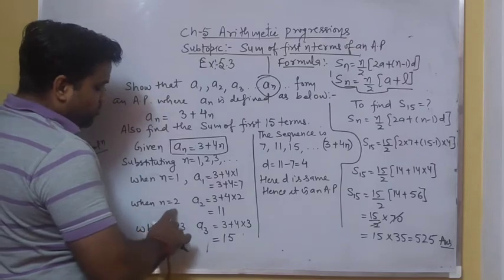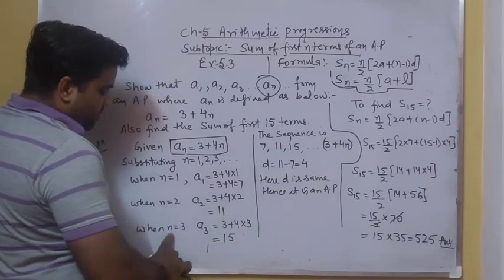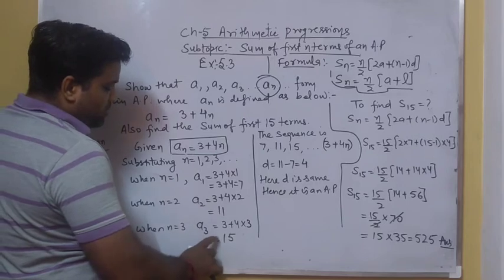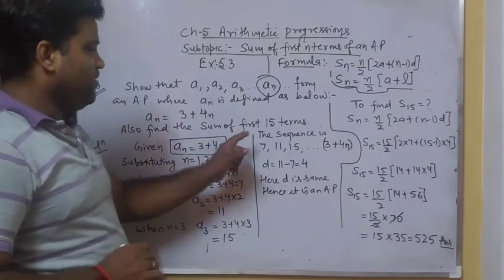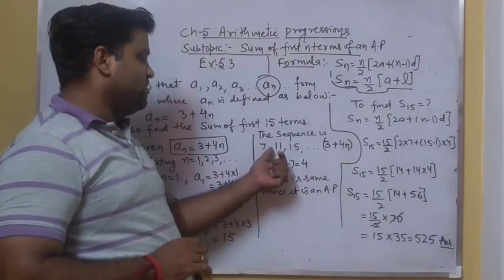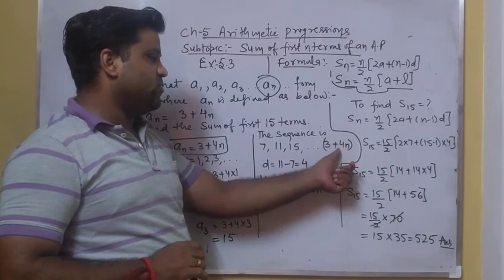Similarly, when we take n equal to 2, we get the second term, which is 11. When we take n equal to 3, we get the third term, which is 15. So finally we get the sequence 7, 11, 15 up to 3 plus 4n, which is the nth term of that sequence.